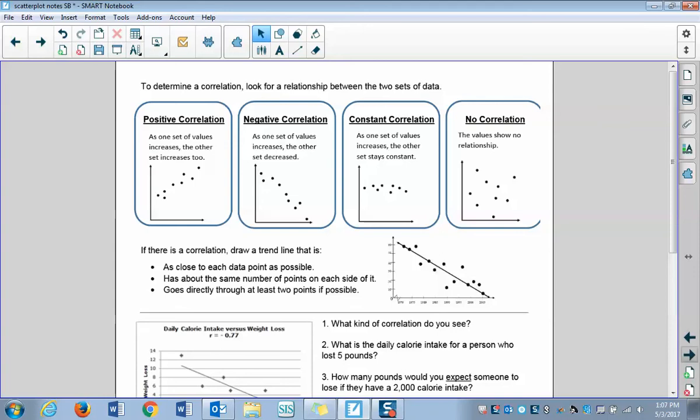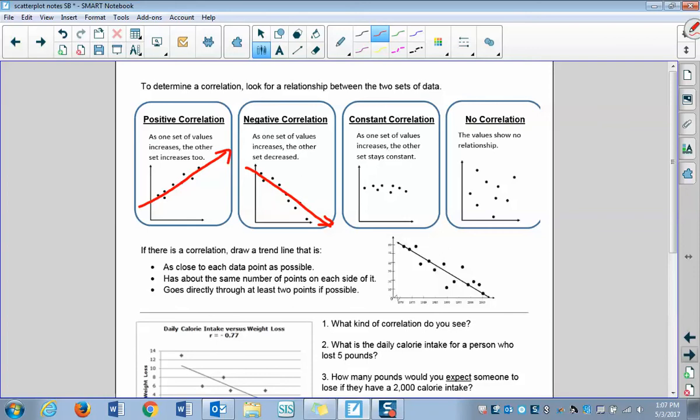So as one increases, if the other increases at the same time, it's a positive correlation, meaning they're going in a positive direction. It's a negative correlation if while one increases, the other decreases, giving us a line going down in a negative direction, like a negative slope.